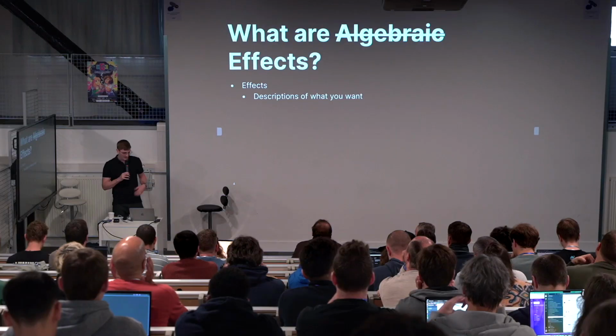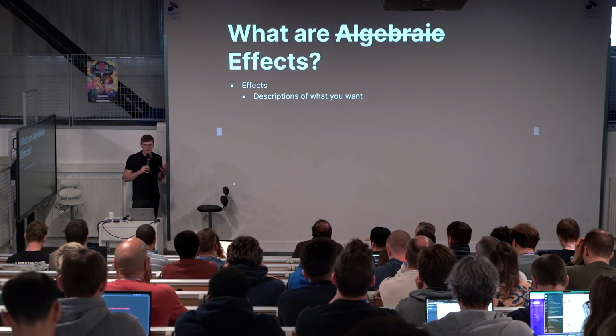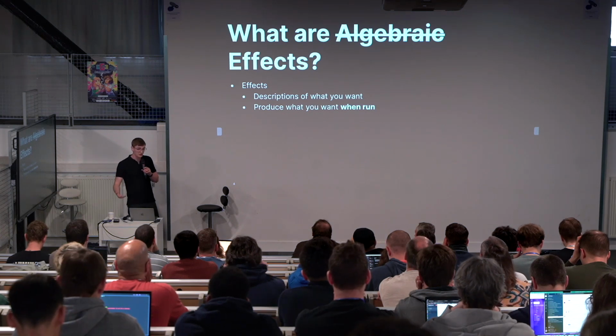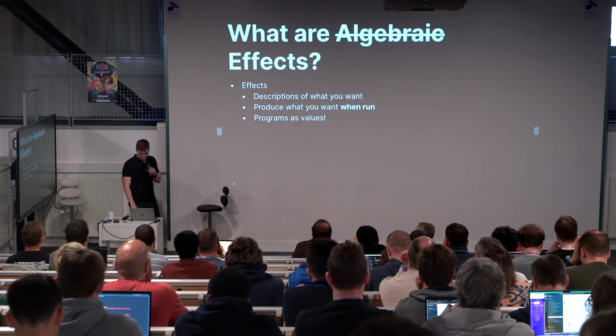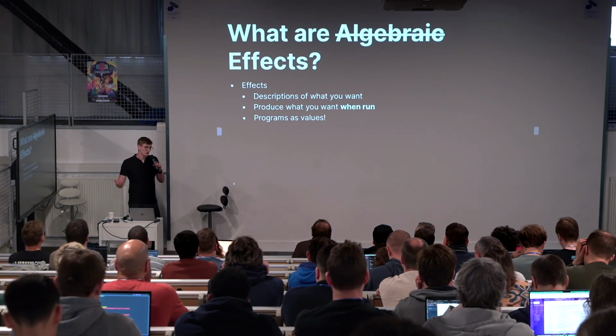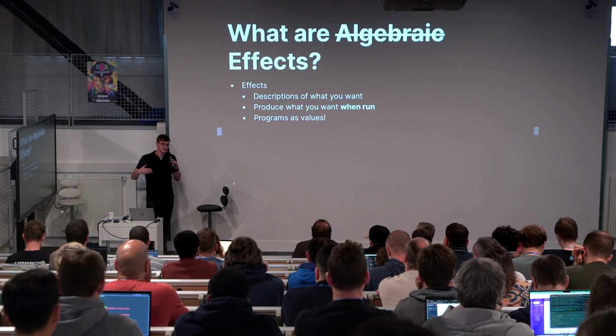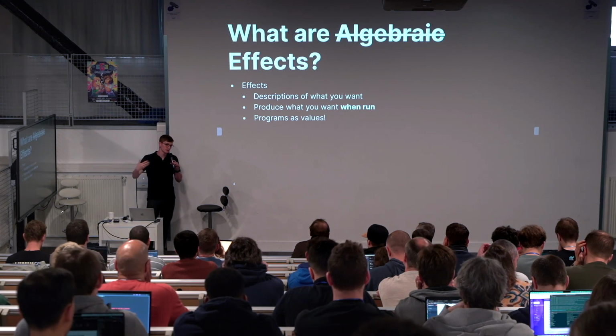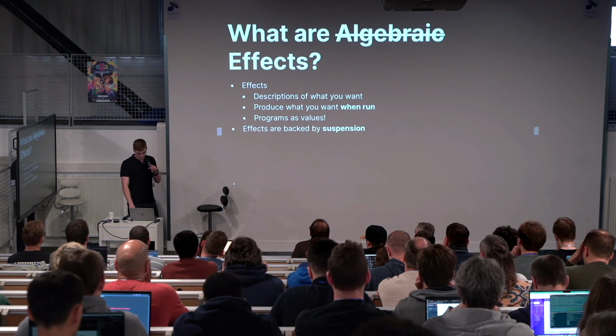So effects are really just descriptions of what you want. And the important bit here is that they produce what you want when you run them. And I think one of the values here is that they give you programs as values, which if you've been programming for a while, you'll realize this enables you a high degree of flexibility in how you use your programs, but also the understanding of your programs.